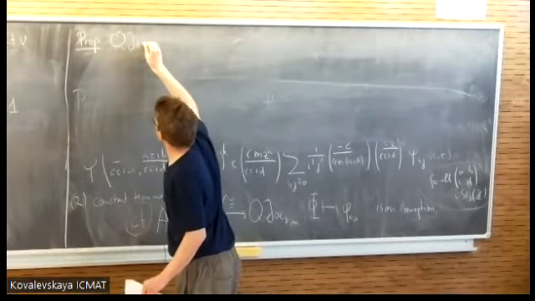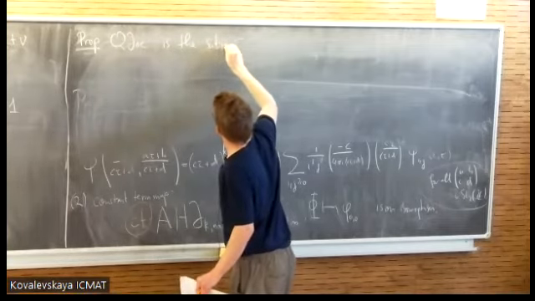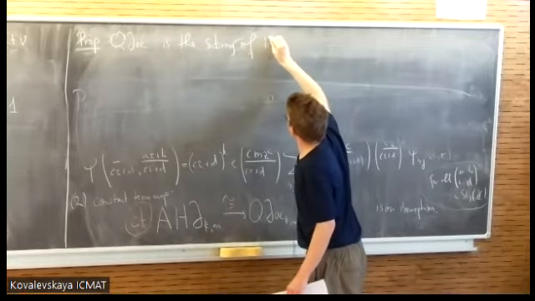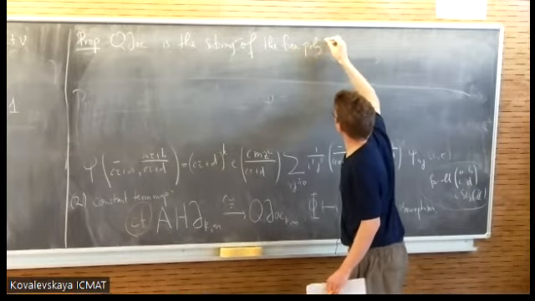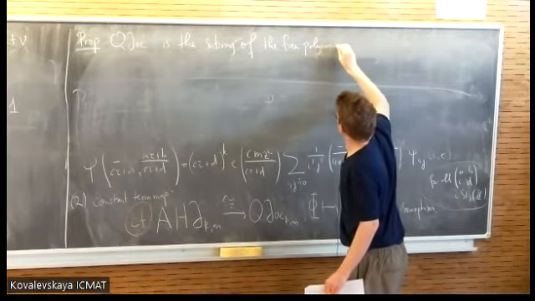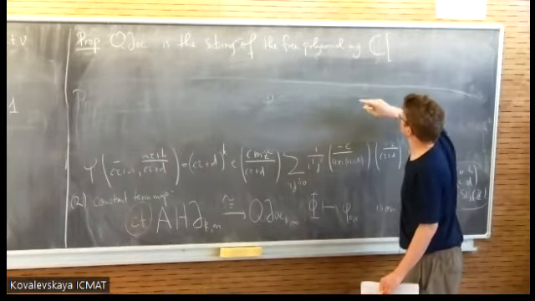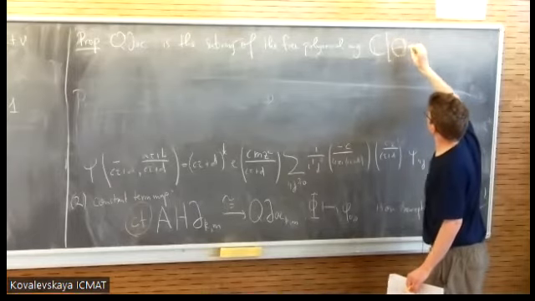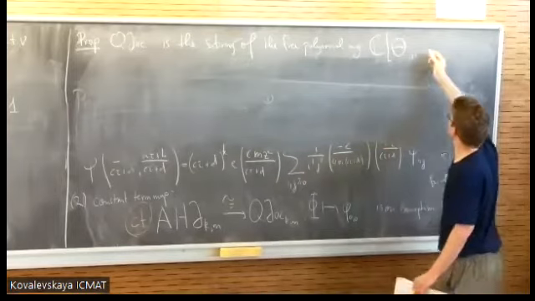QJ is the subring of the following free polynomial ring. Take the free polynomial ring generated by the following generators. You have to include the theta function because that's just everywhere.